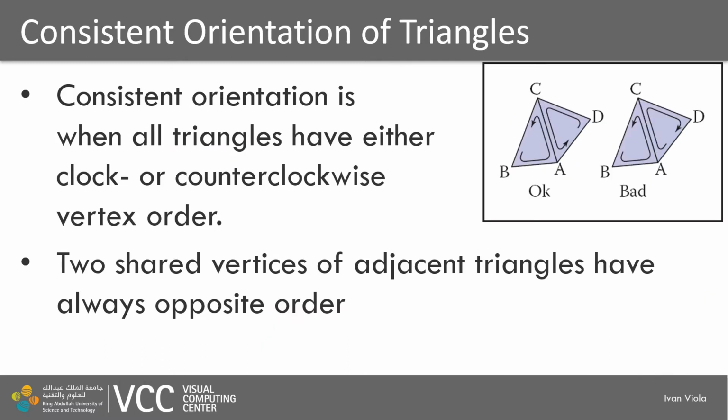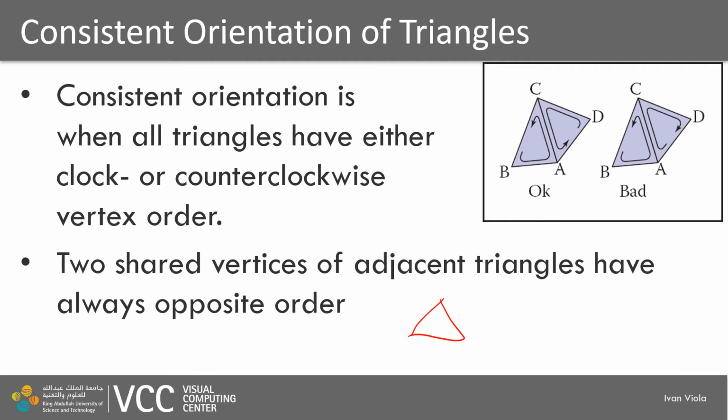Another aspect which we need to consider in meshes, which is important in order for many structures to work properly, is that our mesh should have its triangles oriented in a certain way consistently.